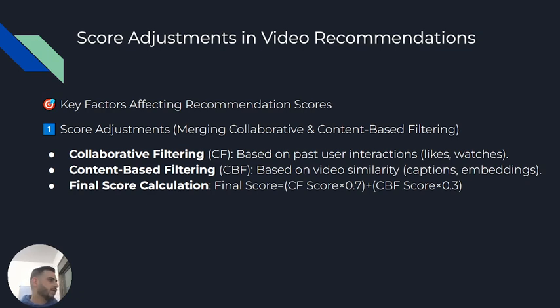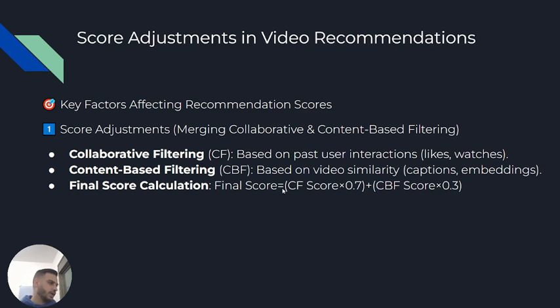Key factors affecting recommendation scores. The first one is score adjustments by merging collaborative and content-based filtering. The collaborative filtering is based on past user interactions: likes, watches, and watch duration. Content-based filtering is based on video similarity, the summary and embeddings.